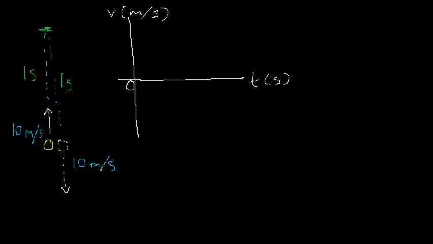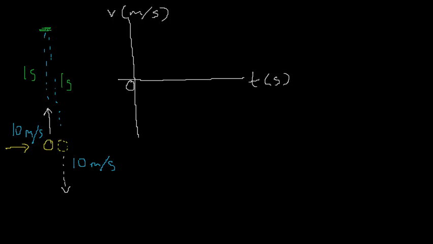Okay, so in the beginning, we are here in the beginning, and that would be the start of time. Okay, this is when t is 0, and when t is 0, the speed is 10 meters per second.